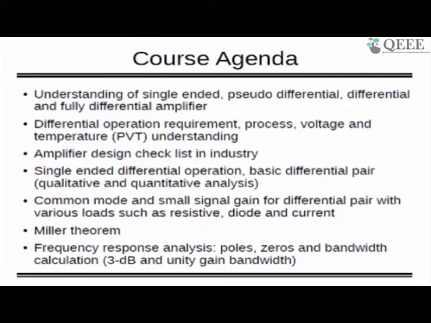Other than that, there is a requirement in the industry that when they are making a circuit, that circuit has to be process, voltage and temperature independent. Process means your BJT or whatever transistor you are using; their manufacturing should not vary the performance of that particular transistor or the differential operation.